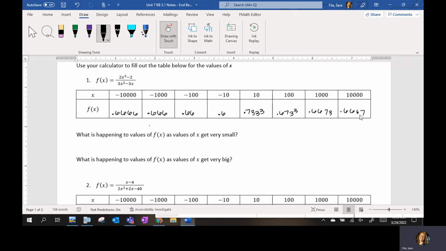All right, so now we have two questions to answer about this. What is happening to the values of f of x as values of x get very small? So where on the table should I be looking as values of x get very small?